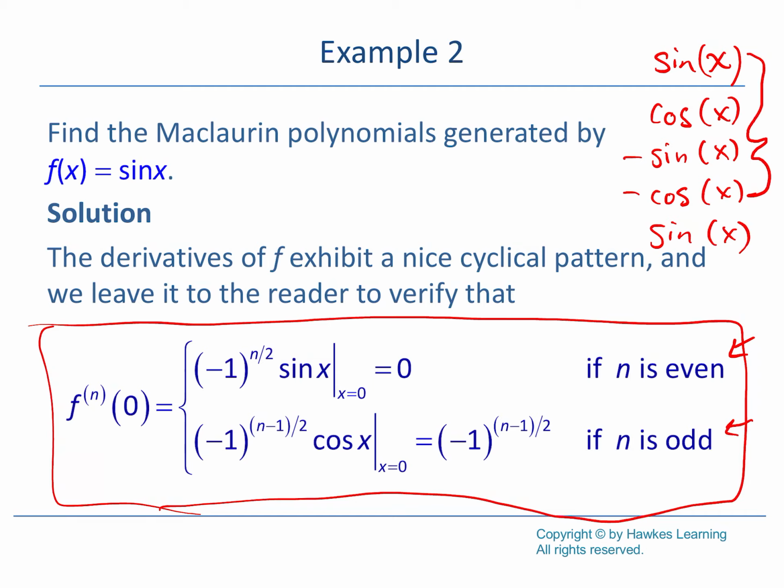So this is just a technical piecewise definition of how those derivatives behave. Specifically, we're looking at what these functions are evaluated at 0 because we're doing the Maclaurin polynomial.